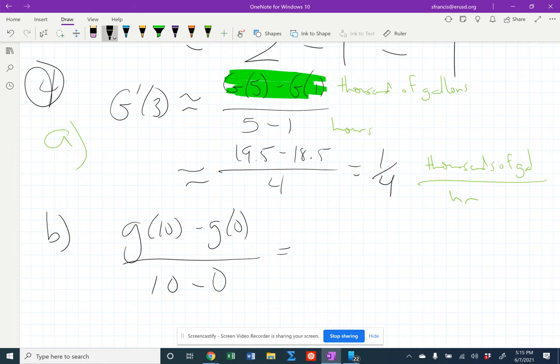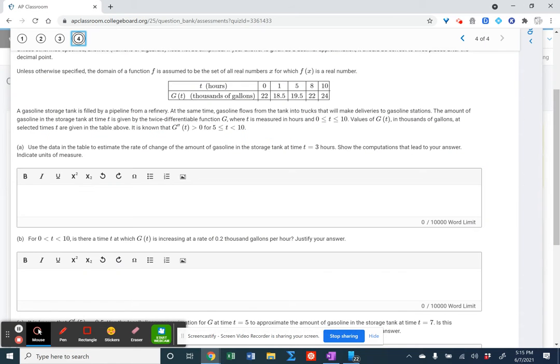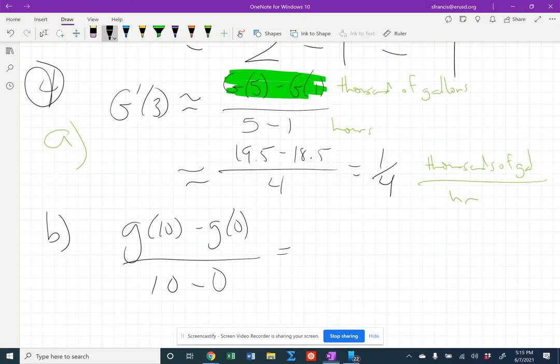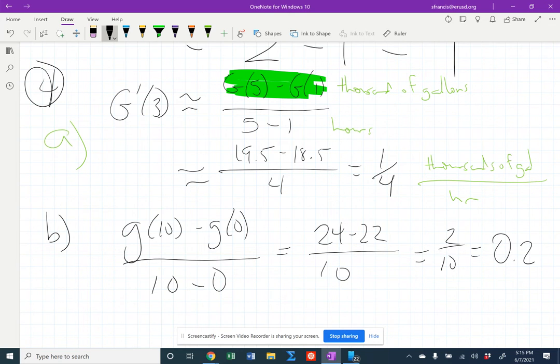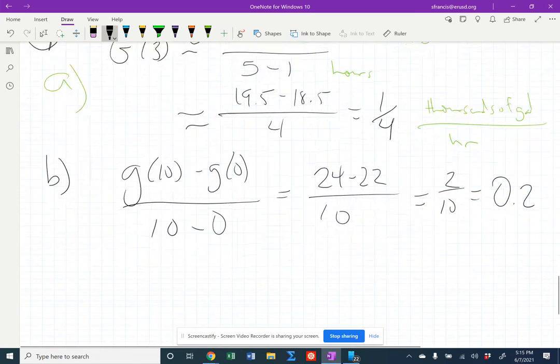If not, then you can go look inside of that. So 24 minus 22 over 10. And what's that, 2/10? What is that, 0.2? My dog is whining, I'm sorry. That's 0.2. That's exactly what they were looking for.